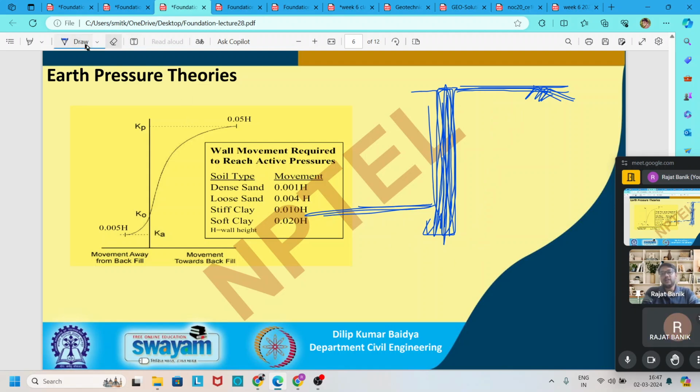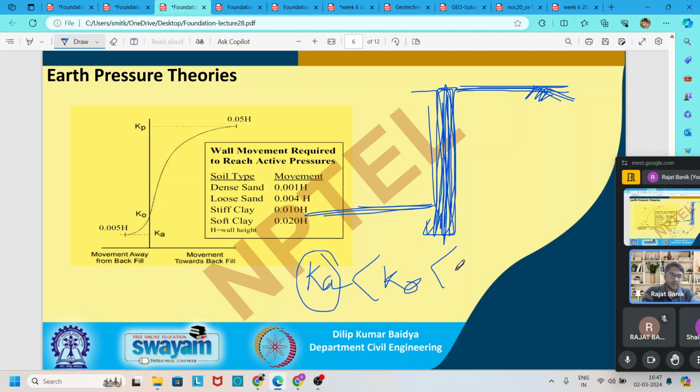So in the general case, the coefficient of active earth pressure is less than the coefficient of earth pressure at rest, and also less than the coefficient of passive earth pressure.